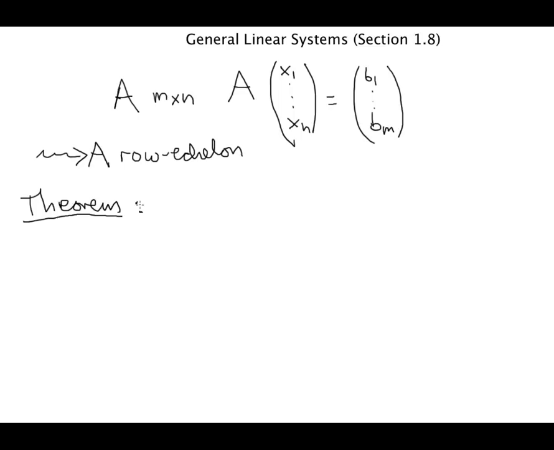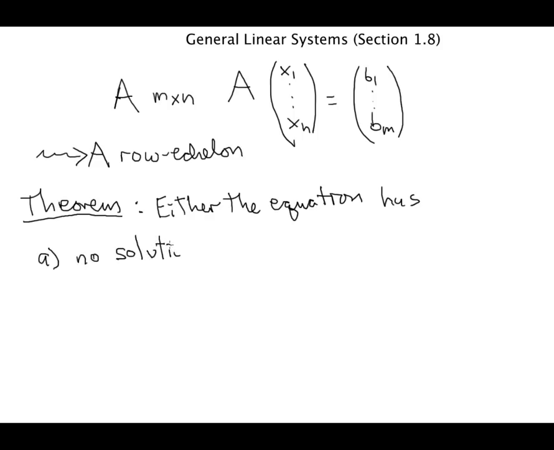There are a couple of possibilities, and I'll say it this way. Either the equation has A, no solutions, or B, a family of solutions given by the free variables.